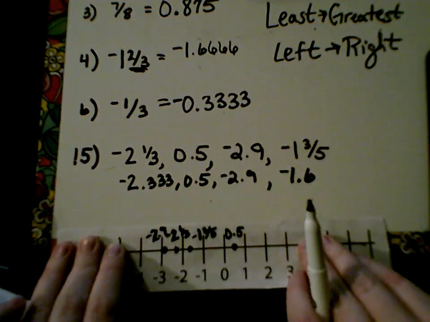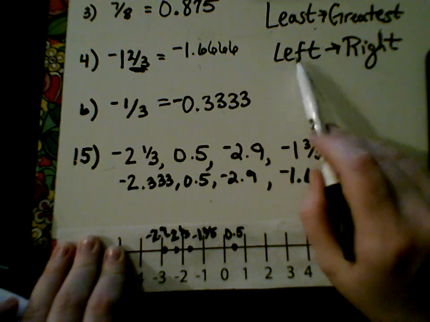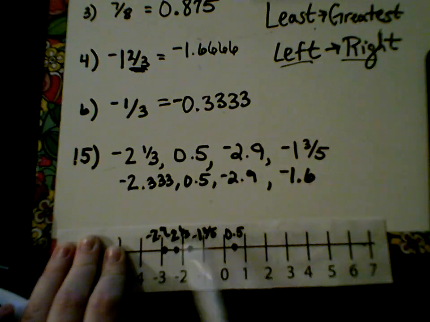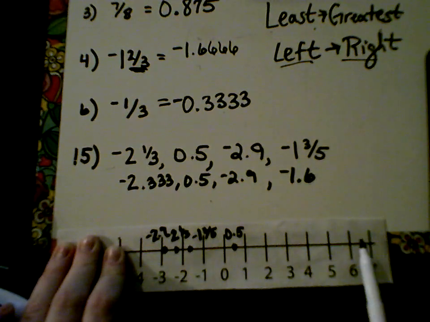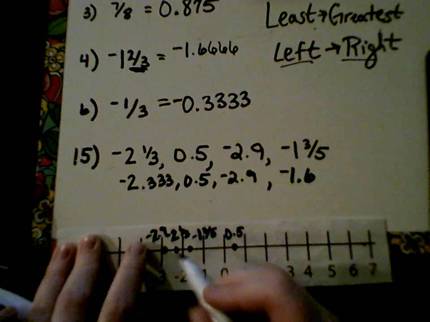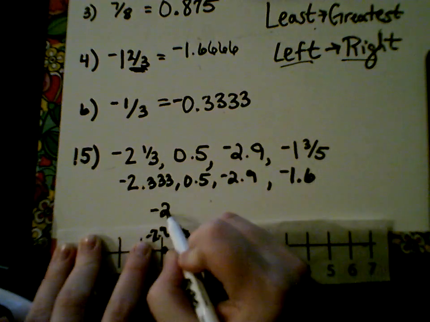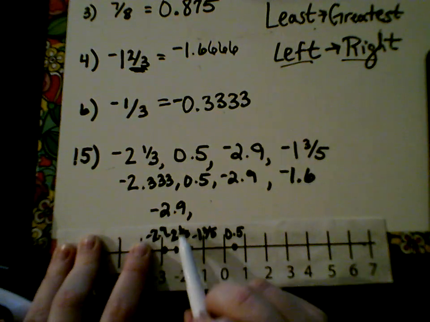We now need to write them from least to greatest because that's what our direction said. So we really just write them from the left side to the right side of the number line because this is the least and this is the greatest. So when I start off, this is -2.9, comma. Then I have -2 and 1/3.